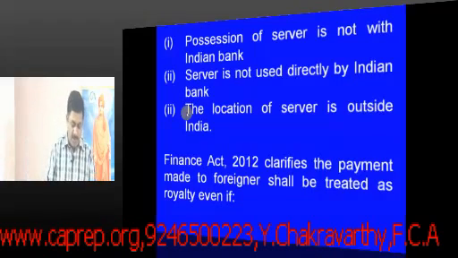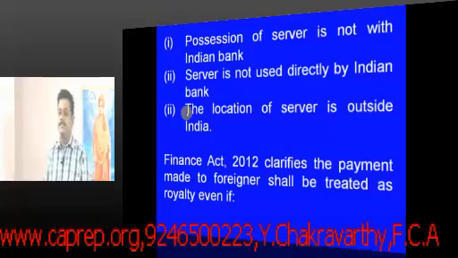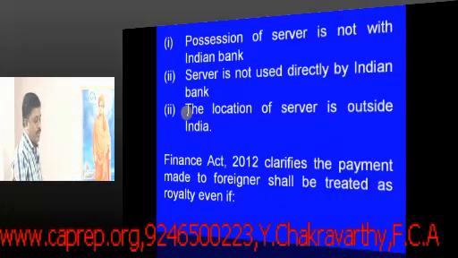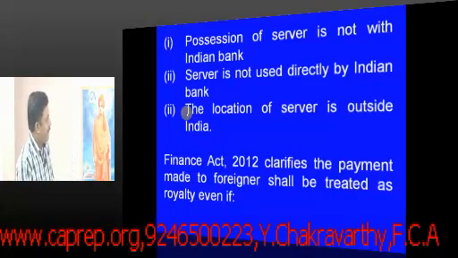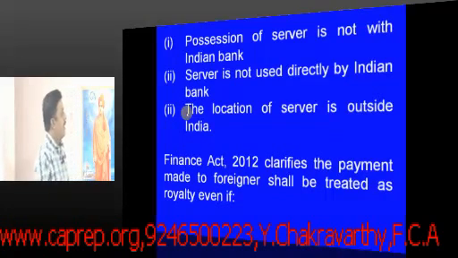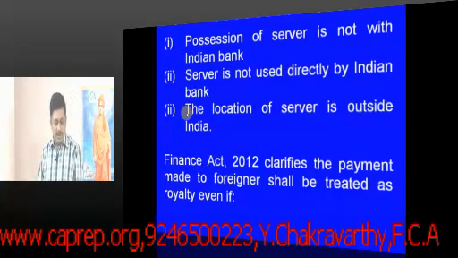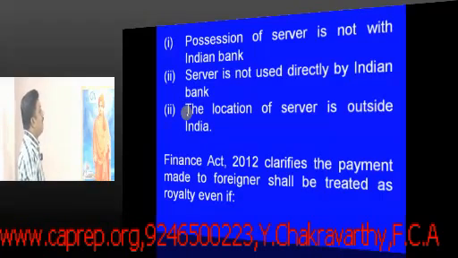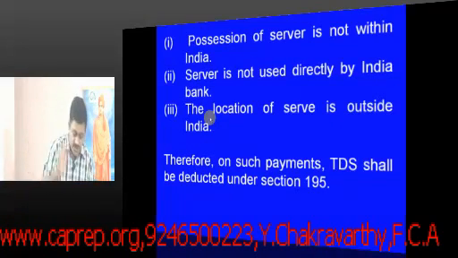Payment made to the foreigner shall be treated as royalty even if: number 1, possession of the server is not with the Indian Bank; number 2, the server is not used directly by the Indian Bank; number 3, the location of the server is outside India.